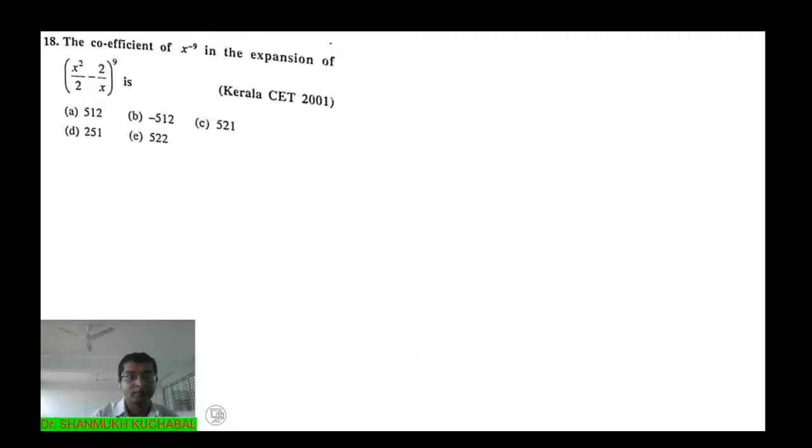We'll move to our next example. Find the coefficient of x raised to minus 9 in the expansion of (x square divided by 2 minus 2 by x) raised to 9.